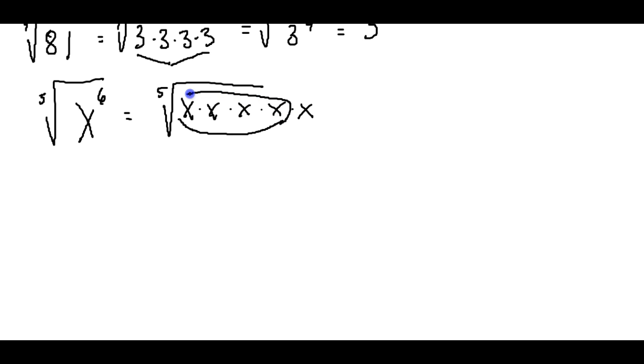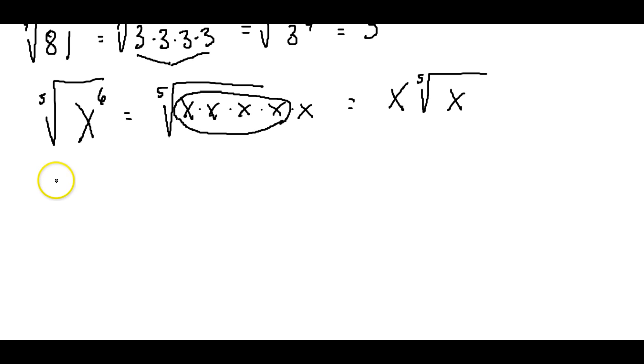So we can take 5 of these x's out of the radical sign as just an x. But what we have left inside the radical is 1 x. We need groups of 5. So the simplification of the 5th root of x to the 6th power is x times the 5th root of x.